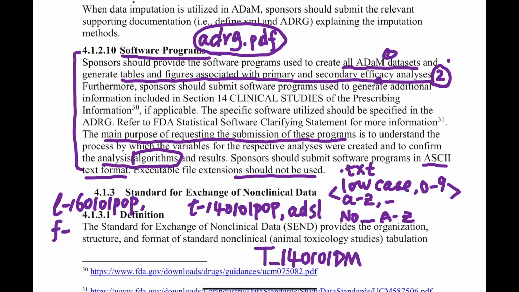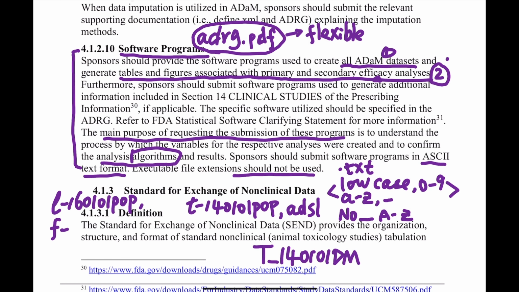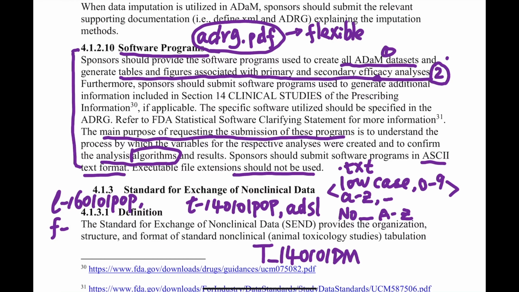For that section, it is flexible how you describe all your programs. You can just list basic information like program name, the category, table, figure, or dataset, and then a brief description of one or two lines.